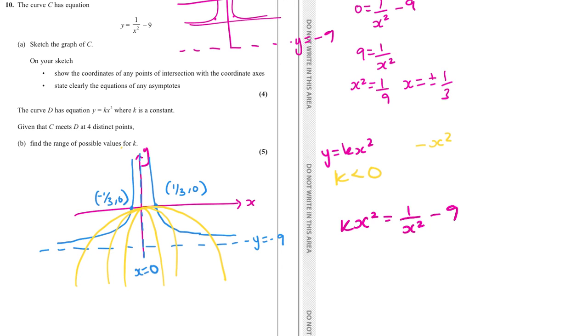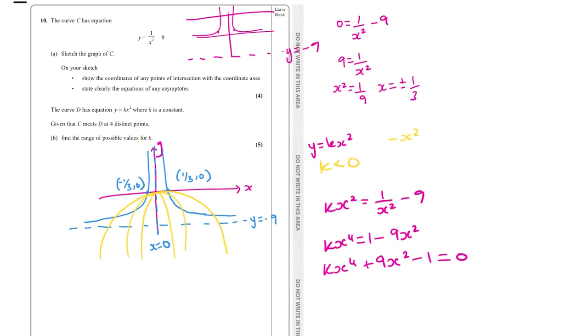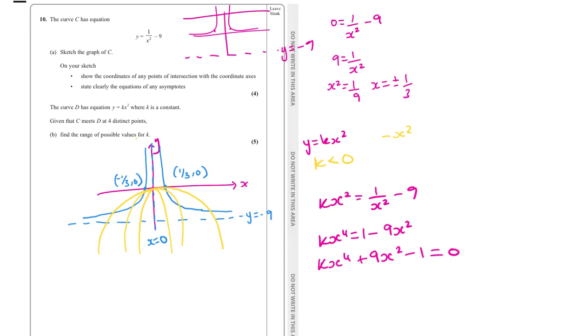Multiply everything through by x squared. kx to the 4 equals 1 minus 9x squared. Move everything to the left-hand side. This equals 0. Okay, now remember we're just trying to find our solutions of k. So this is where b squared minus 4ac comes in.